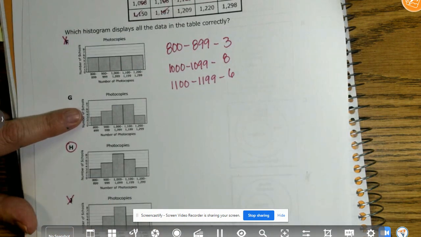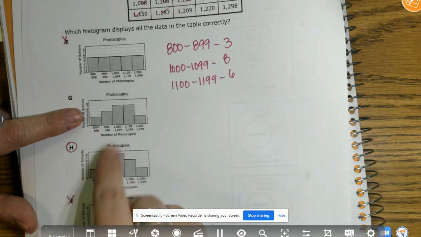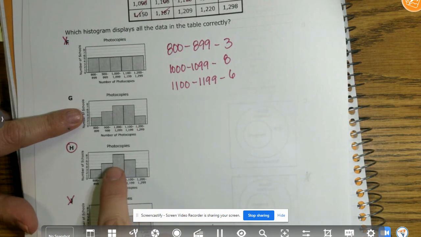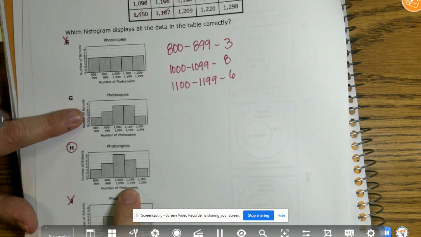If you look at these two answer choices, where are they different? Well, these two are the same, and here these two are different. So if I look at 1,000 to 1,099 and 1,100 to 1,199, I can see which one would be correct.